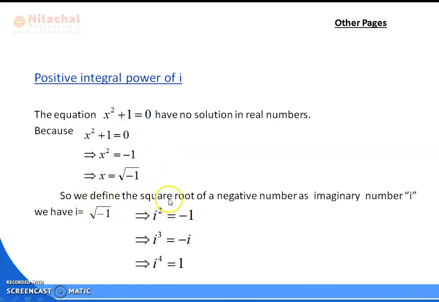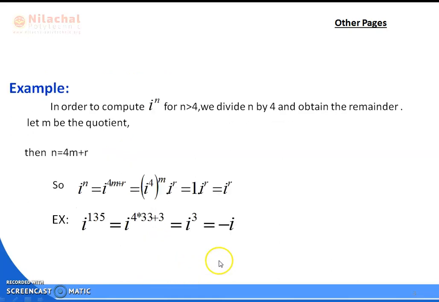So we define the square root of a negative number as an imaginary number, and it is denoted as small i. Hence, i equals root of minus 1. That implies i square, squaring of i, means i into i, equals minus 1, we have obtained. Similarly, next one is i cube, that equals minus i. i to the 4 means i square into i square, that equals minus 1 into minus 1, that equals plus 1.